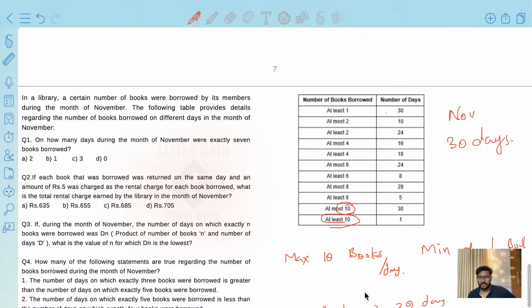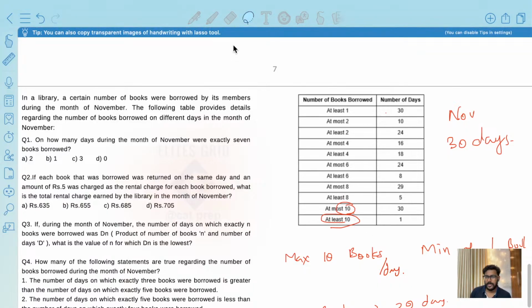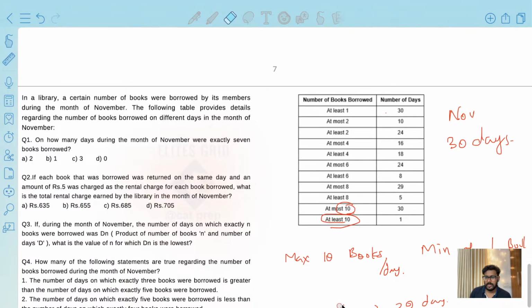A minimum of 8 books, 5 days. No, at least 10. Still it's confusing.